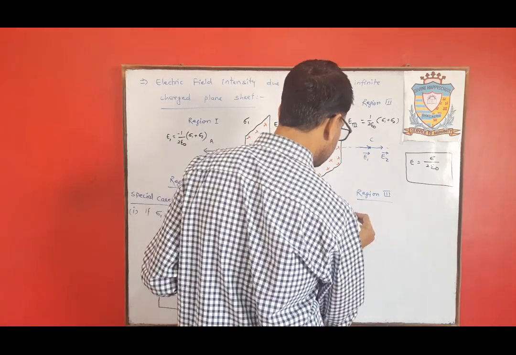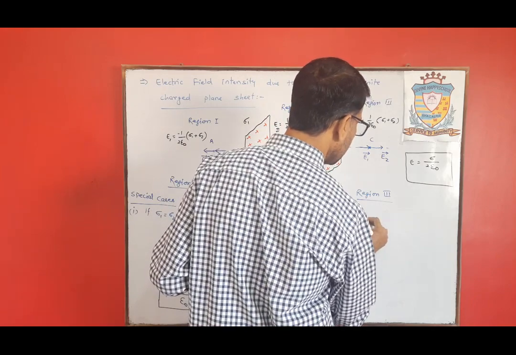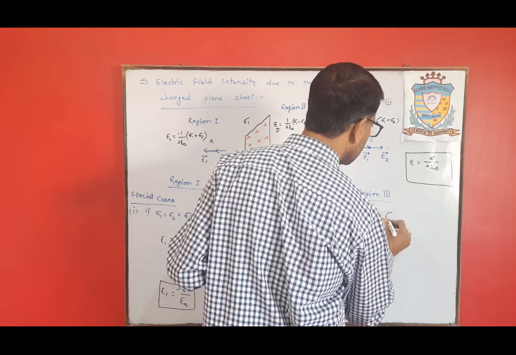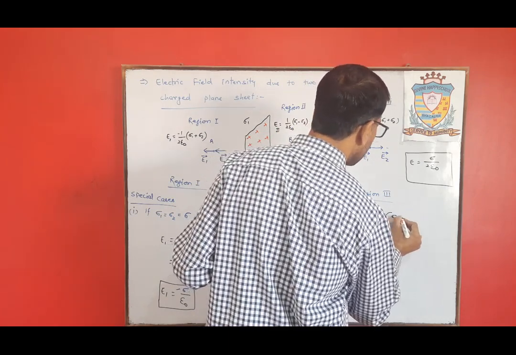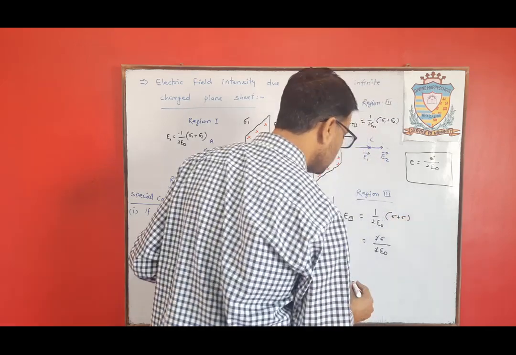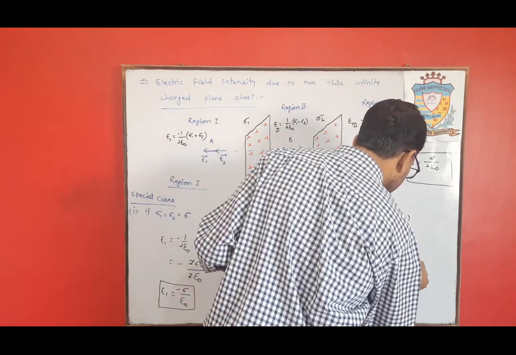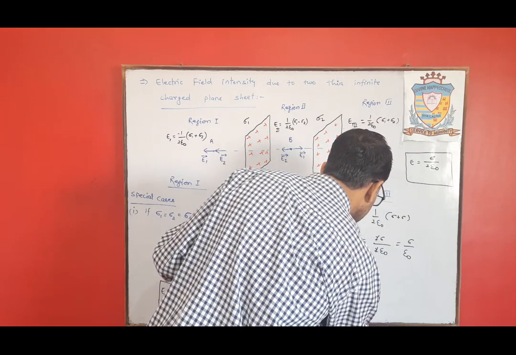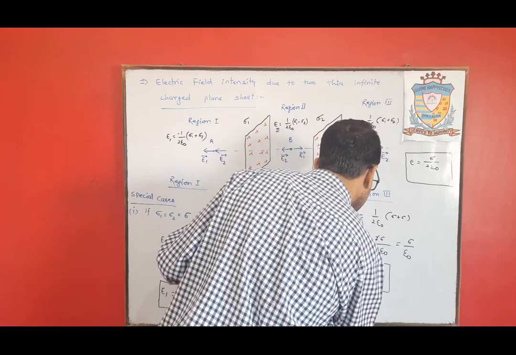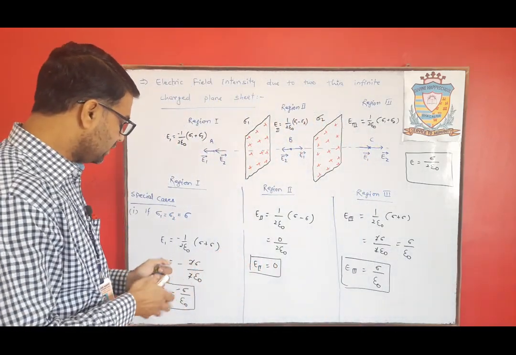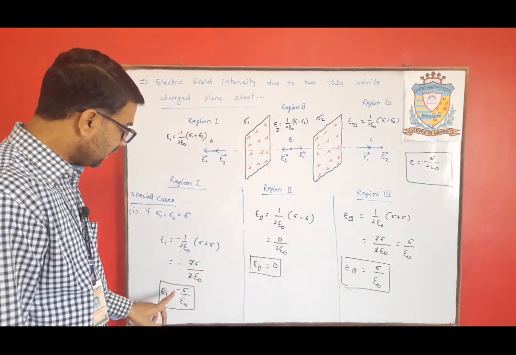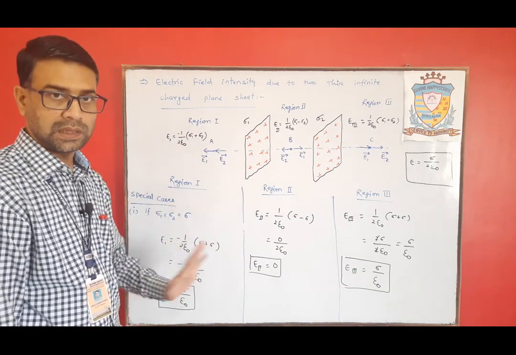In region 3, E is equals to 1 upon 2 epsilon naught, sigma 1 plus sigma 2, that is sigma plus sigma, or 2 sigma upon 2 epsilon naught. These two will be cancelled out, or sigma upon epsilon naught. So E in region 3 is equals to sigma upon epsilon naught. So here you can see in region 1 and region 3, the electric field intensity will be same, only here the negative sign indicates the direction, nothing else.